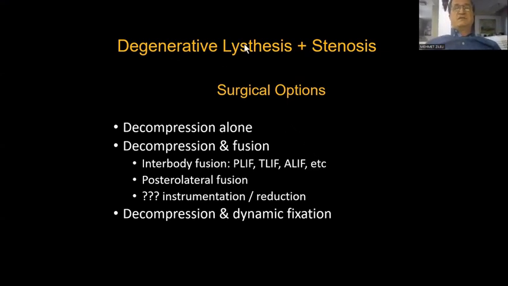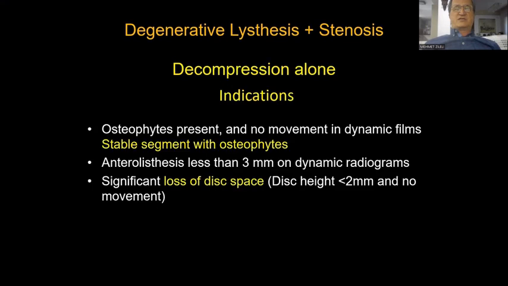What about degenerative listhesis plus stenosis? There is still the option of decompression alone if the patient has no back pain and no movement during flexion-extension films. So a stable segment with osteophytes, loss of disc space, and anterior listhesis less than 3 millimeters are the patients in whom we may not do a fusion surgery, only decompression.